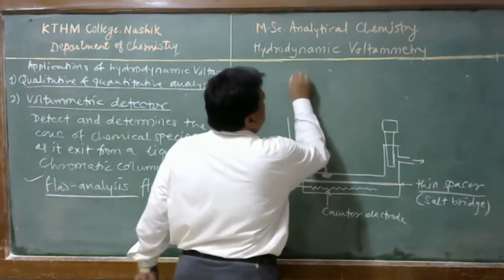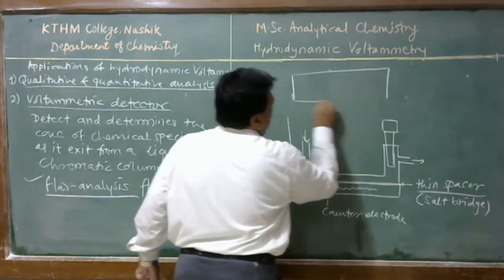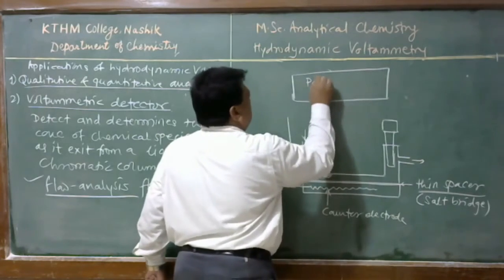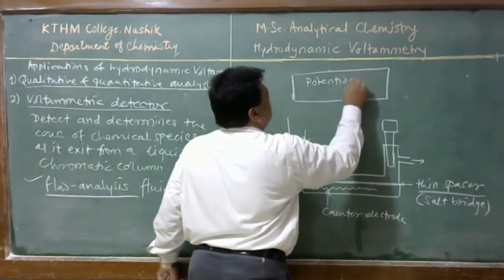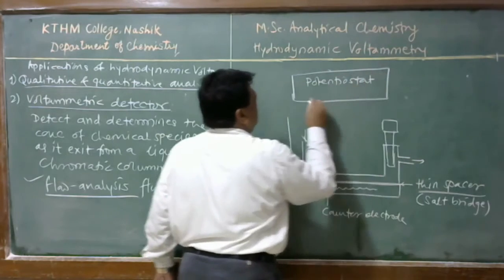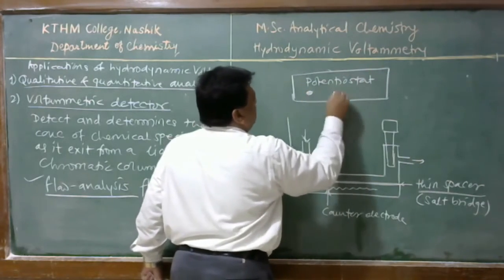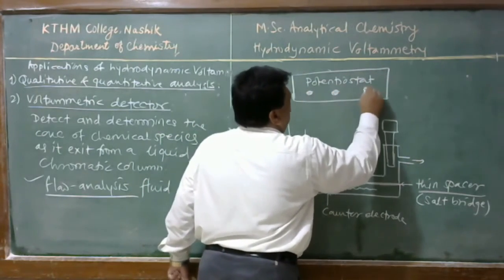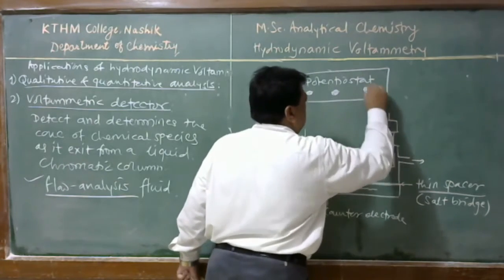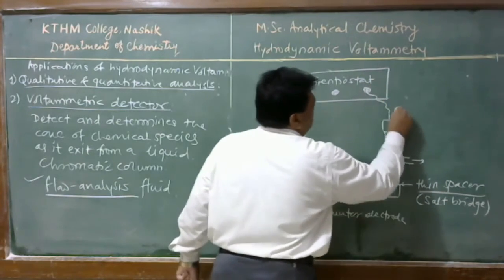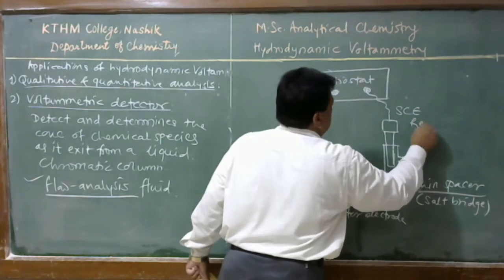Now all these three electrodes are connected to a potentiostat. Potentiostat means a device that gives a constant potential. Therefore, this is a connection for the saturated calomel electrode, the reference electrode.